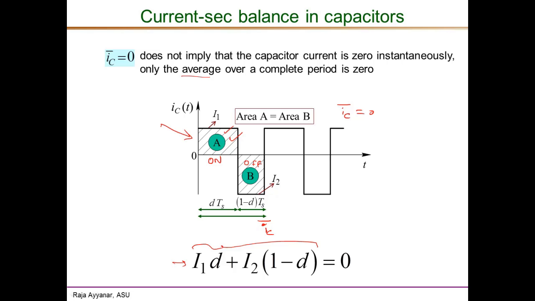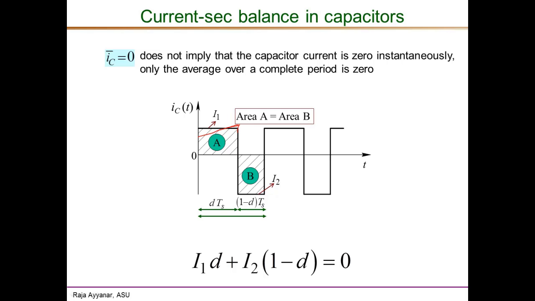Now, as I mentioned, you may have cases where the current is not exactly constant during the on interval or the off interval. For example, you may have a current value something like this. And this is also very often seen in practical power converters.